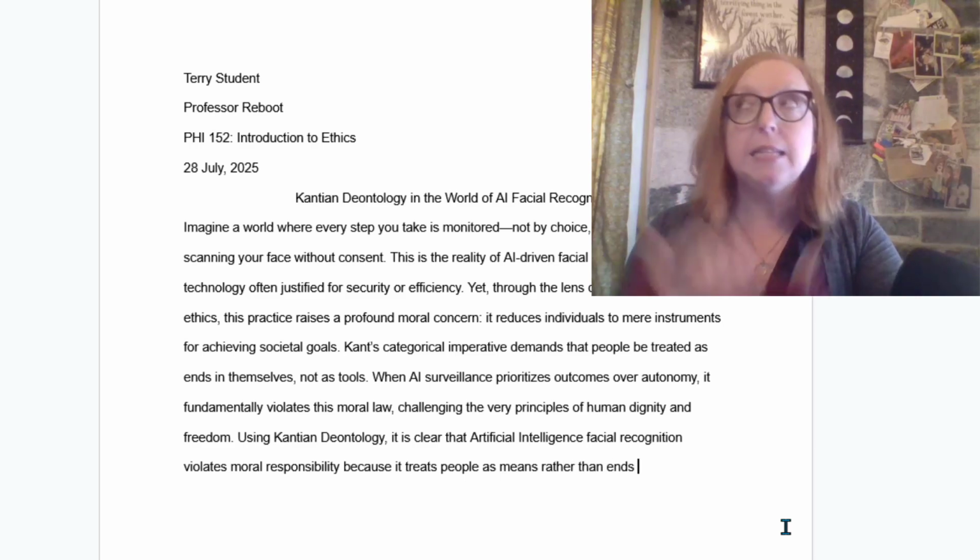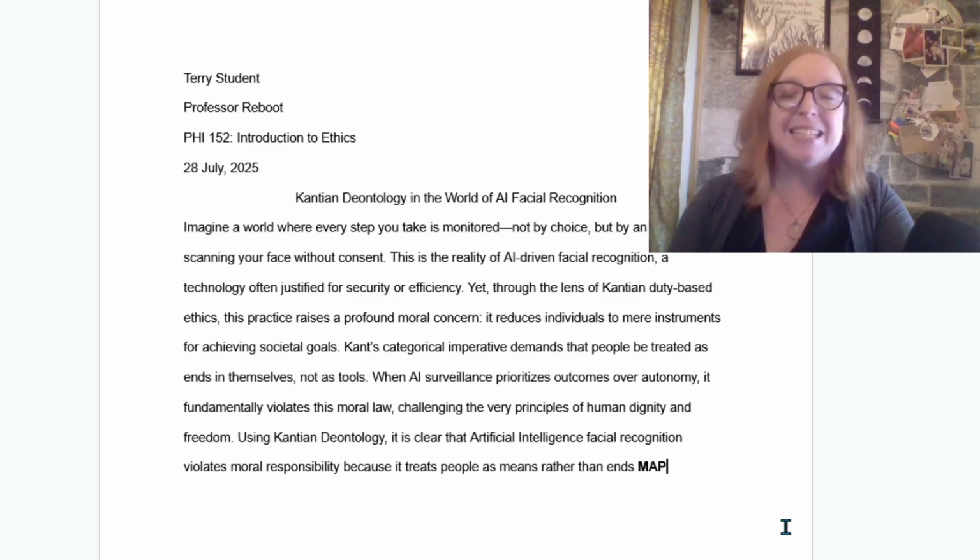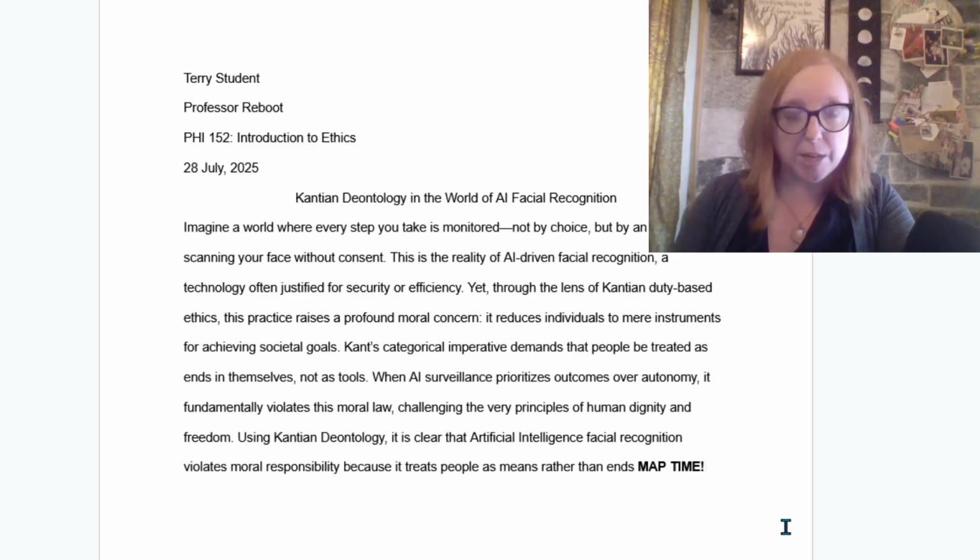Now, there presents the declarative purpose of your ethical argument. It is stated plainly and the position is clear. Next, you would add your thesis map. The thesis map explains your argument structure and is attached to your thesis statement declaration.